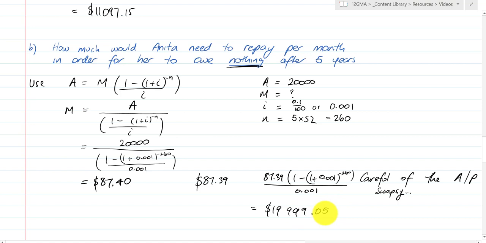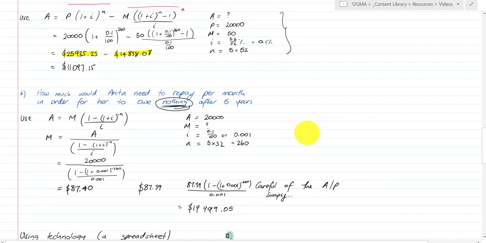And I know it seems trivial, but it means I don't owe nothing. So in this case, it would be appropriate to round up, and you've got to be really considerate of when it's appropriate to round up and when it's appropriate to round down, because sometimes it's important. But anyway, there's your two examples, a combined example.